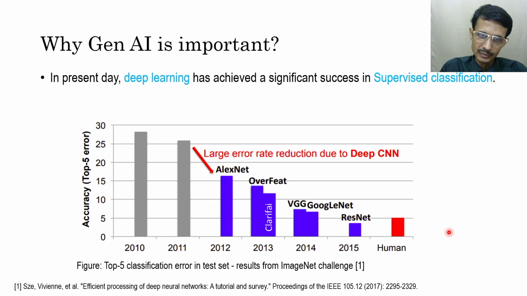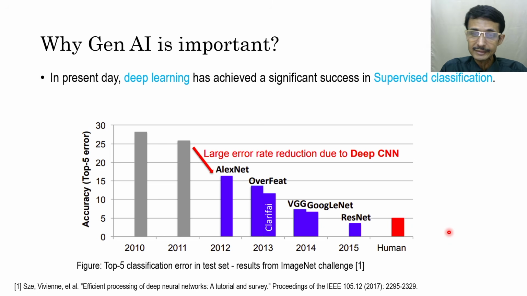This figure shows results from the ImageNet challenge, and we can see the top 5 error has been substantially reduced by different deep learning models, for example, in 2012 AlexNet, after that, in 2014 VGG and GoogleNet, 2015 ResNet, and so on.